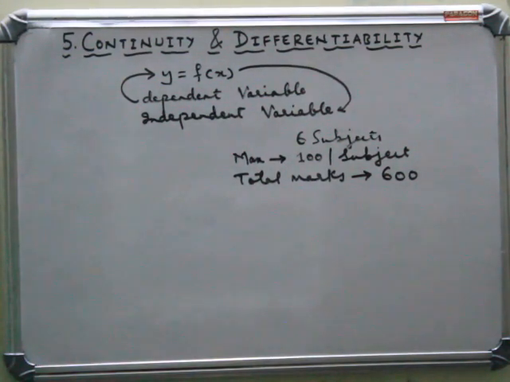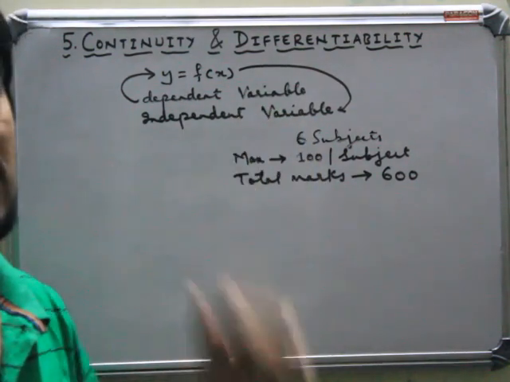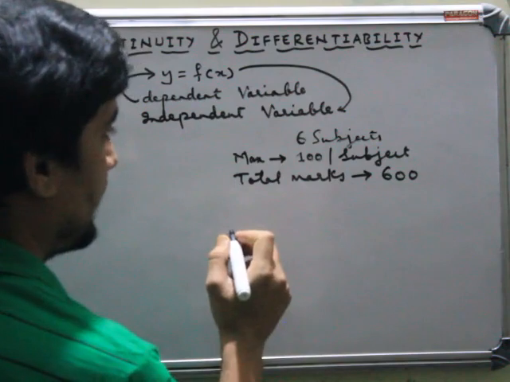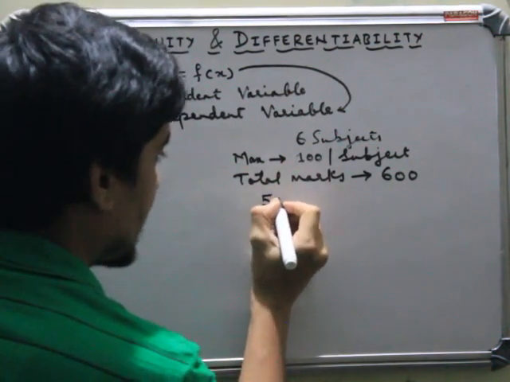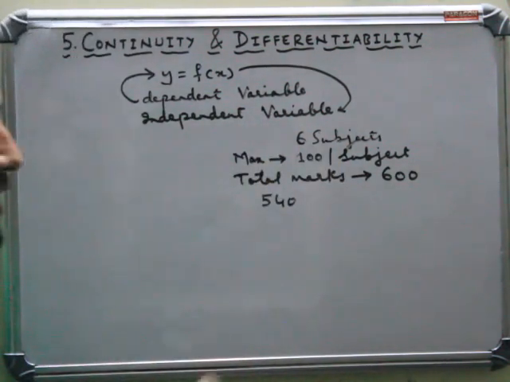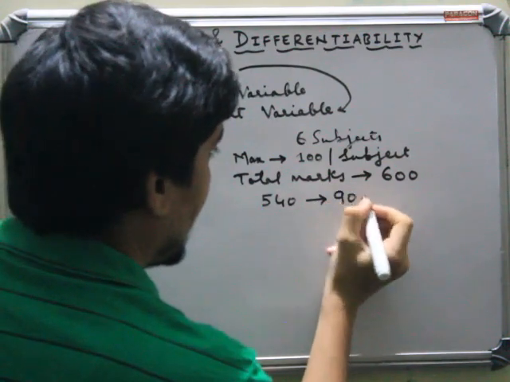Now, how do we calculate the percentage? Total marks scored divided by total number of subjects, you will get the percentage. You already know all these things. So let us write here. Say if you score 540 marks out of 600, your percentage will be 90%.